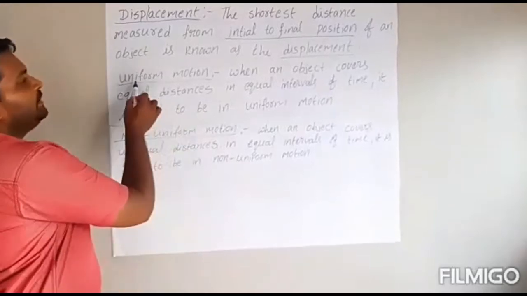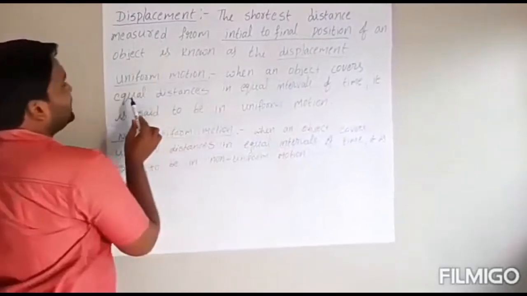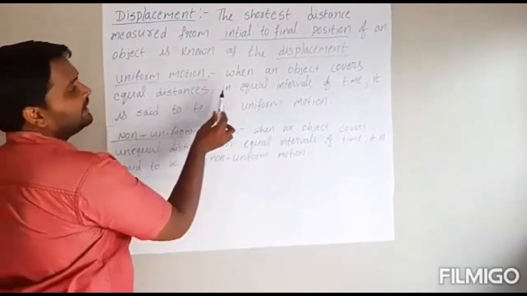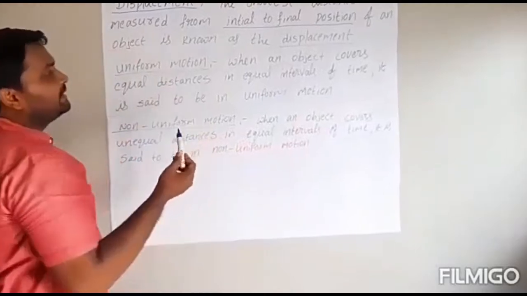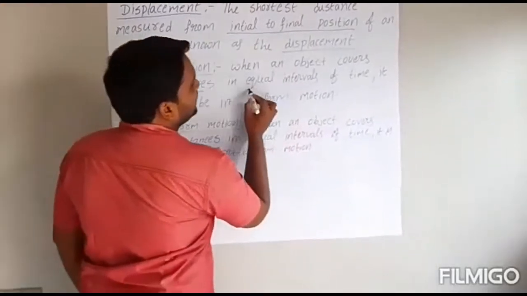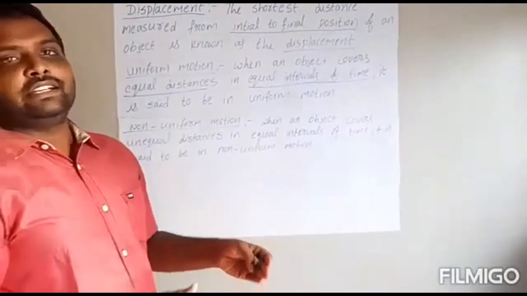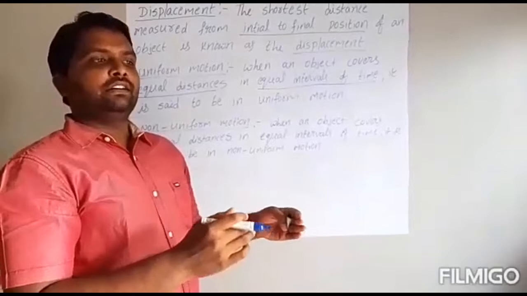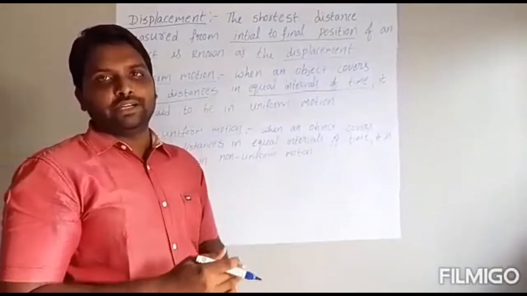Now another one, uniform motion. When an object covers equal distances in equal intervals of time. For example, now I started the car. This car takes 5 minutes to reach 5 kilometers.